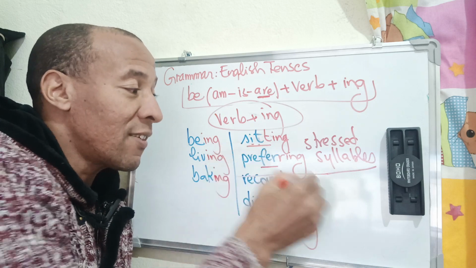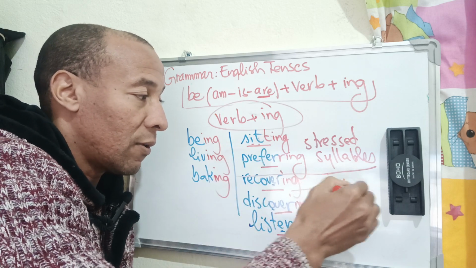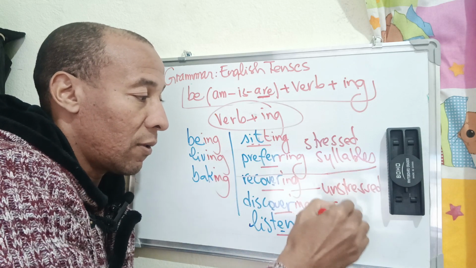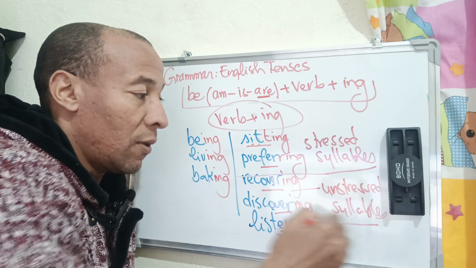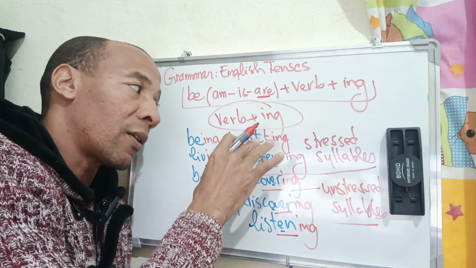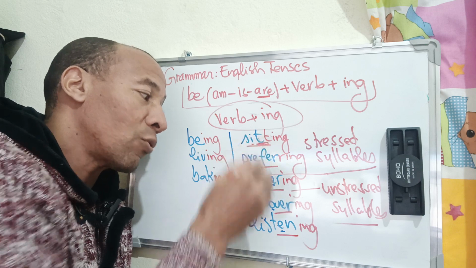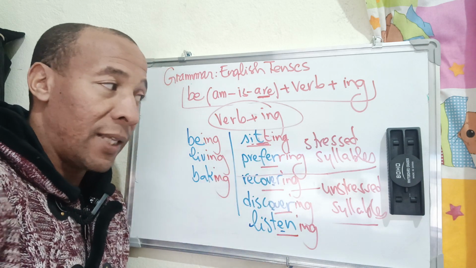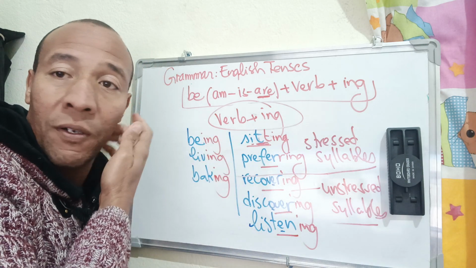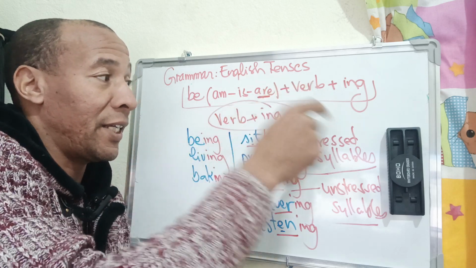These are unstressed syllables. هذه هي القاعدة علاش كنديرو هنا double consonant وهنا ما كنديروهاش. صافي مزيان. هذا بالنسبة the rules that govern the making of the ing.